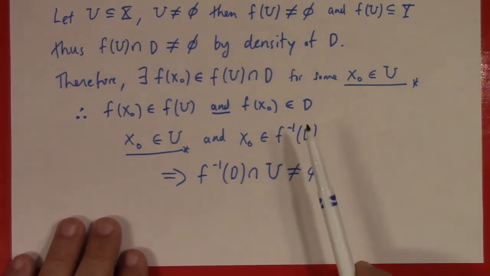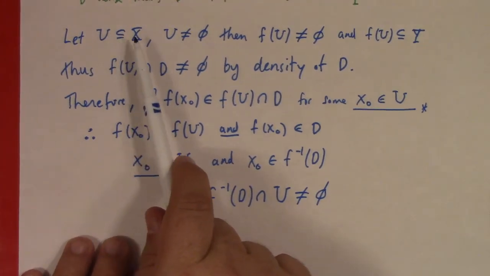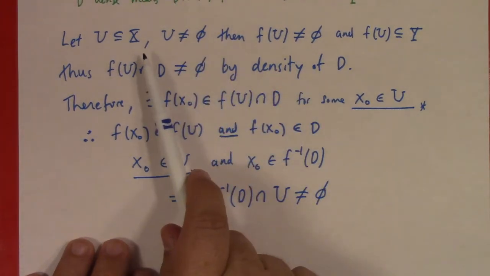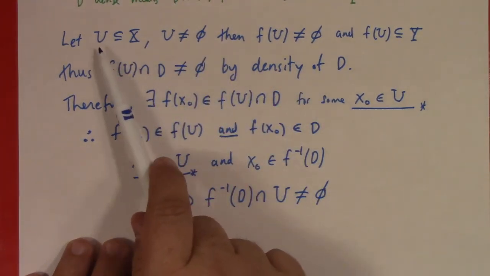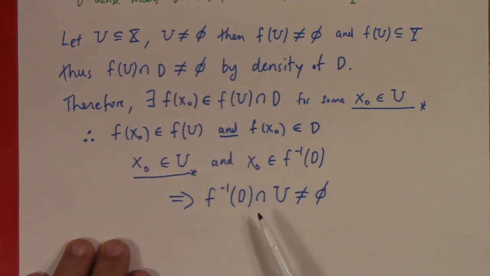But look here. We've taken an arbitrary open set U in X, and we've shown that that non-empty open subset of X necessarily intersects the inverse image of this dense set, right? And what does that prove?